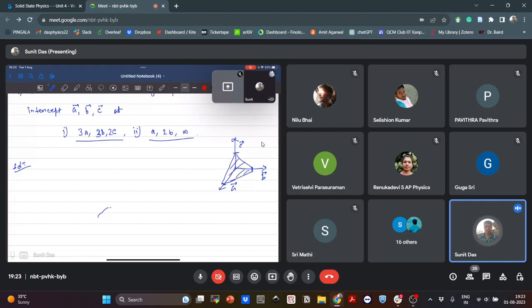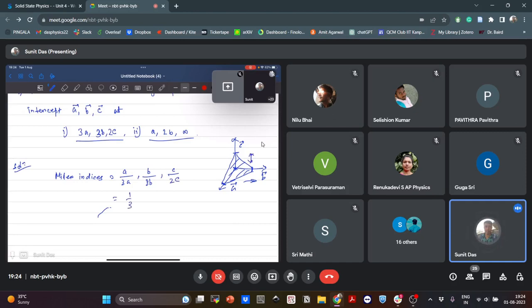Now the way to find Miller indices is to take the dimension along that direction divided by the intercepts. So A by 3A, then in the B direction the intercept is again 3B, and then C by 2C.